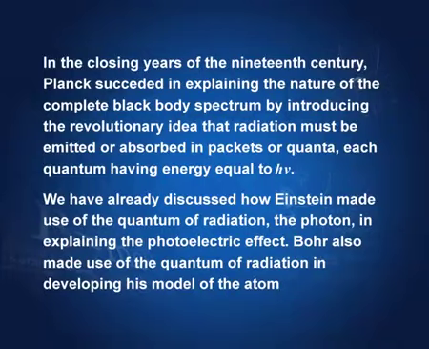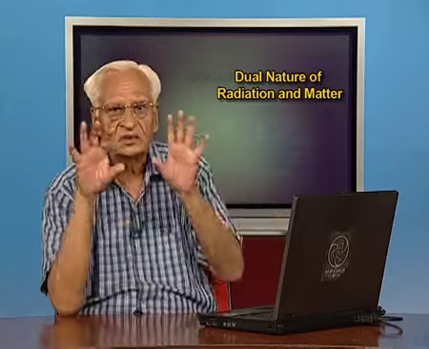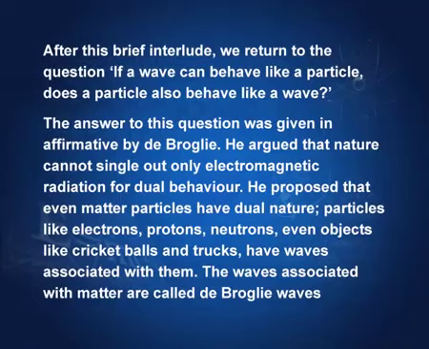So, in the closing years of the 19th century, Planck succeeded in explaining the nature of the complete black body spectrum, and he gave the idea of quantum, which, as we have been discussing, Einstein used in the photoelectric effect to explain the photoelectric effect.